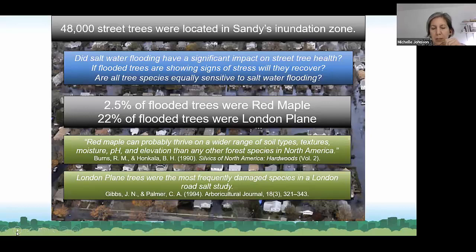At the same time, London plane trees are already known to be damaged by road salt. So here's an example of a relatively tolerant species to environmental conditions and a relatively sensitive species. These were the two species we selected in the study.